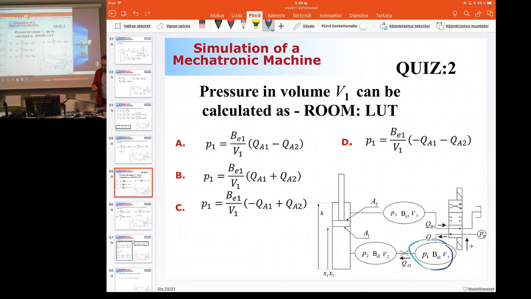The choices are positive QA1, negative QA2; both positive; both negative; and a negative QI1, positive QI2. How the heck can you know? That's my question.